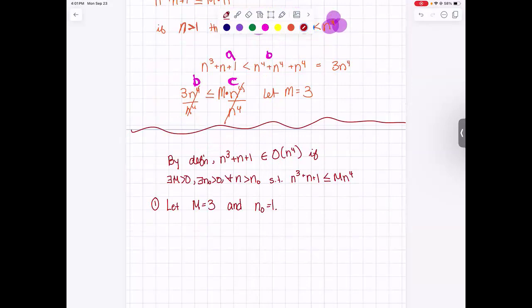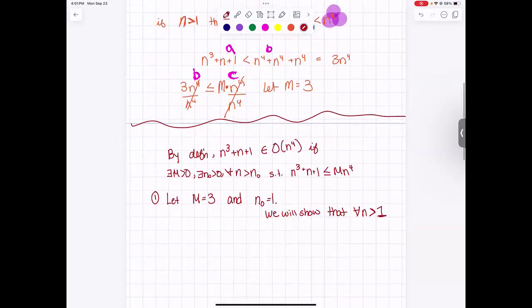What this means is we will show that for all n greater than our n naught, which is 1, so for all n greater than 1, this will be true. n to the 3 plus n plus 1 is less than or equal to 3n to the 4.